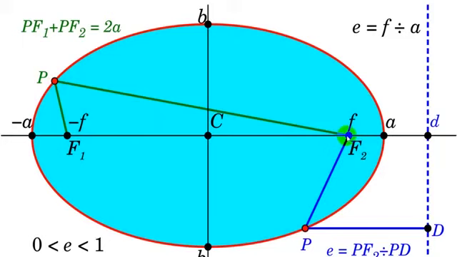When that point moves around, it draws the ellipse from that side, and the other point draws it from the other side.